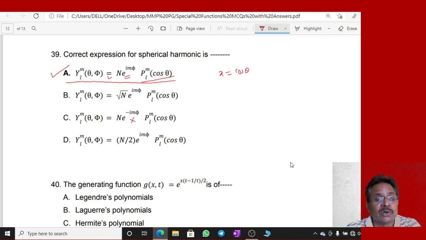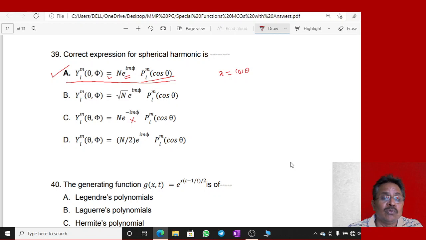You have to solve the Schrodinger equation in the spherical polar coordinate system, separate the r part equation and separate the theta and phi part equation, which is called the angular part equation. The solution of that angular part equation is given by the spherical harmonics, and the standard form for that is Ylm of theta phi equal to N times e raised to im phi into Plm of cos theta.